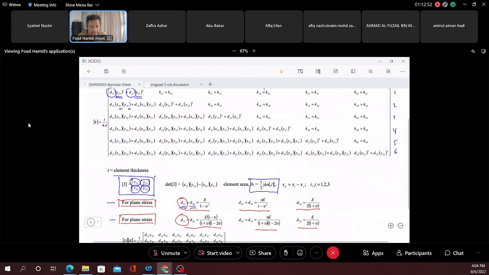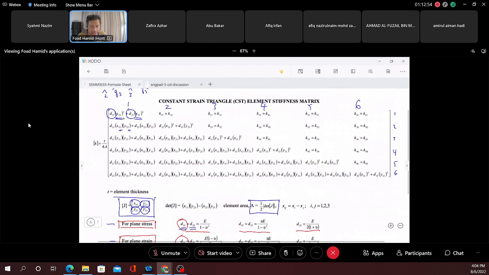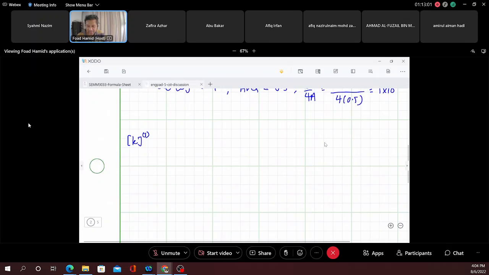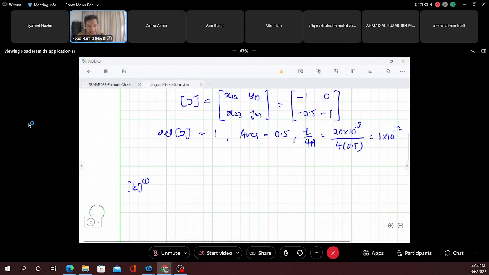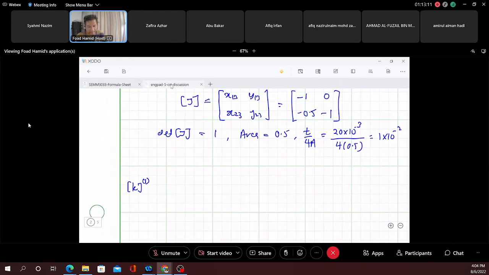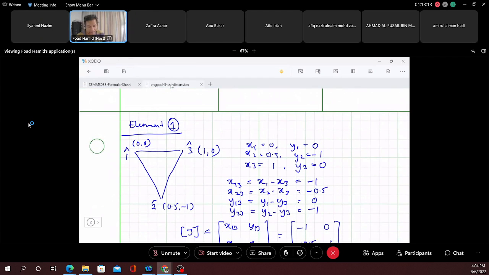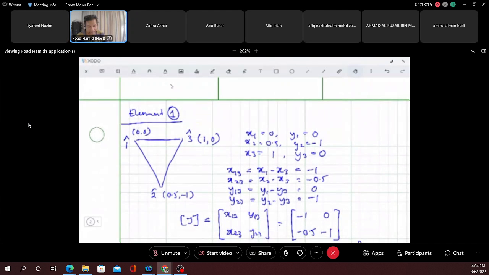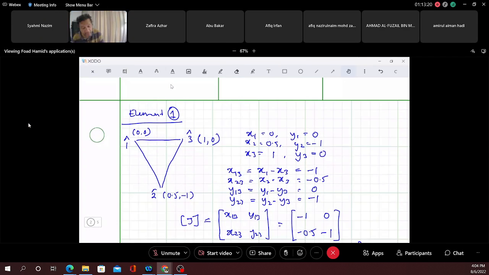All right. So note, this is part of the calculation, T over 4A. I have calculated this. For our element number 1, let's change color so you can see what degrees of freedom we are interested in. Our Q1, Q2 is 0.